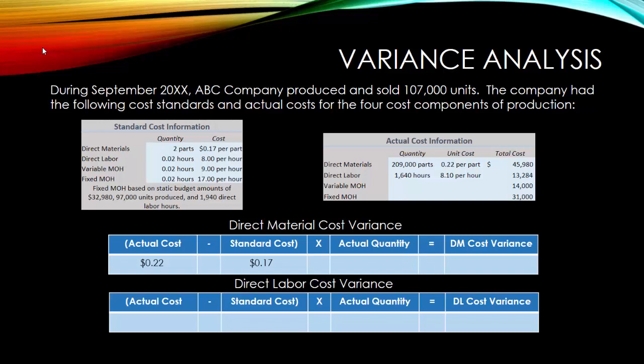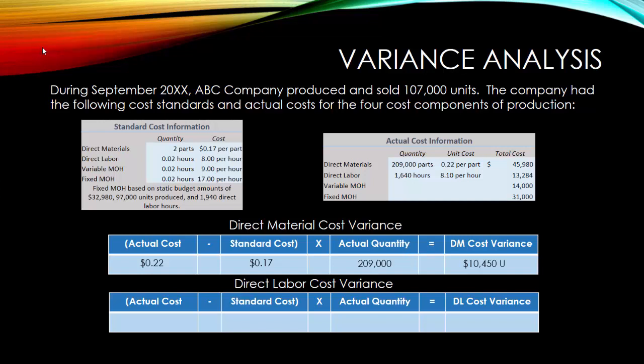Well, if we multiply that by the actual amount of parts that we used, which found in our actual cost information was 209,000, that's going to be a difference of 10,450. So that is the portion of cost variance from our budget to our actual results that we can attribute to the fact that we paid a different amount for materials than we budgeted for in the first place.